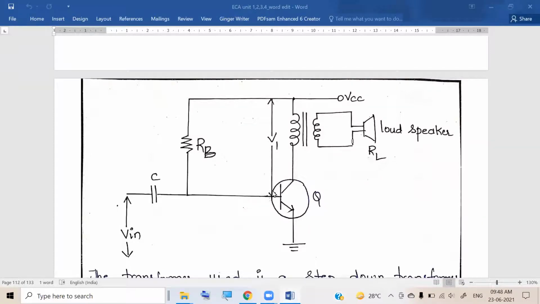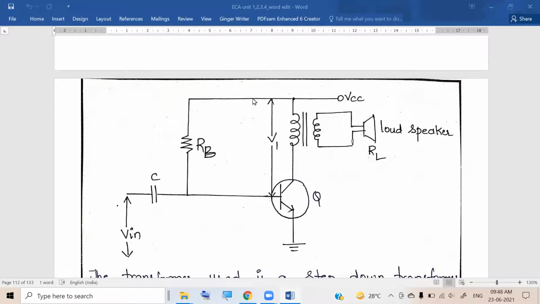Why is the base current less? Because the base is lightly doped and very thin. Base current is less, and collector current is very large. IC is equal to beta IB. If beta is 100, it is 100 times larger than the base current. So we can neglect the base current compared to the collector current.